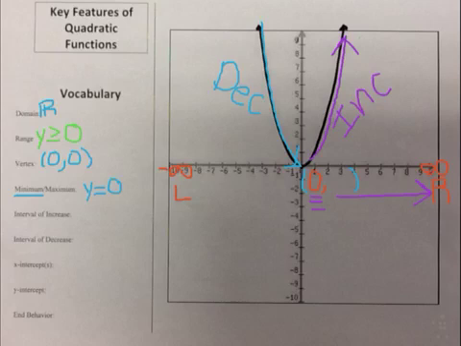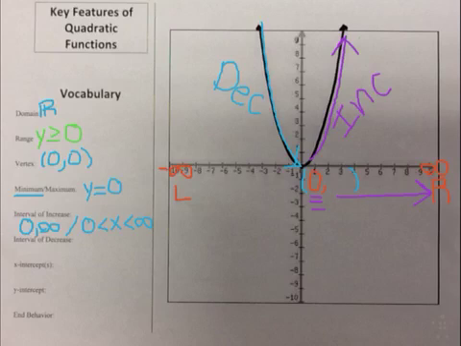So we're going to write that as interval of increase is going to be from the x coordinate of the vertex till infinity. Or we can write it as from 0 to infinity. So that's where it's increasing, that's where it's going up. The interval of decrease, let's look, is on this side.